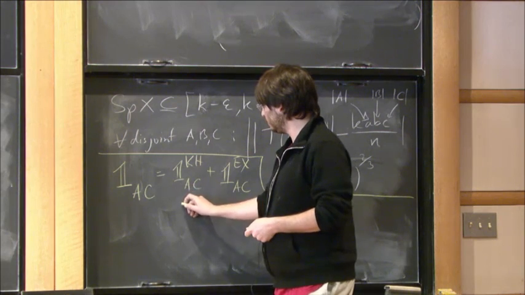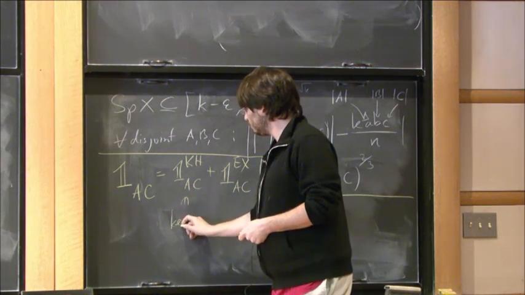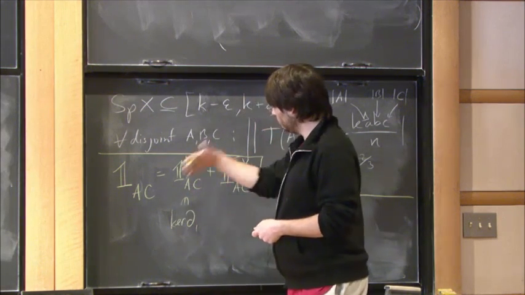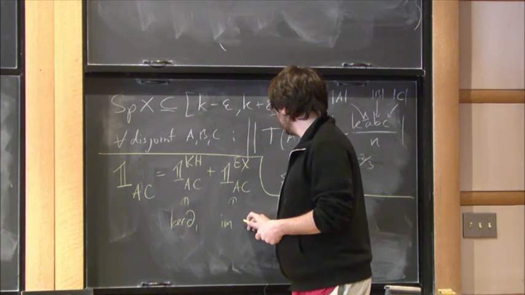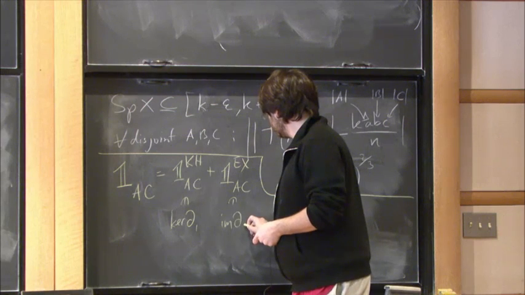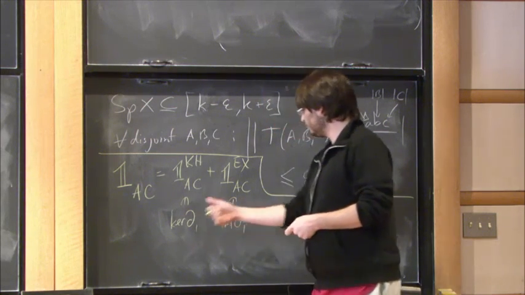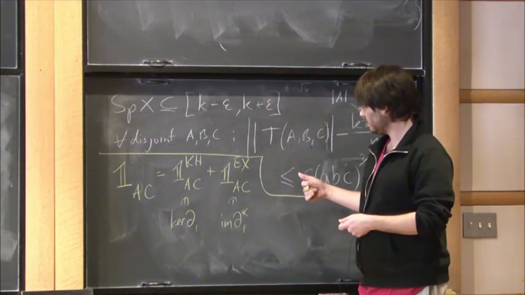So this is in the kernel of the down-going Laplacian, and this is in the image of what's coming from vertices.